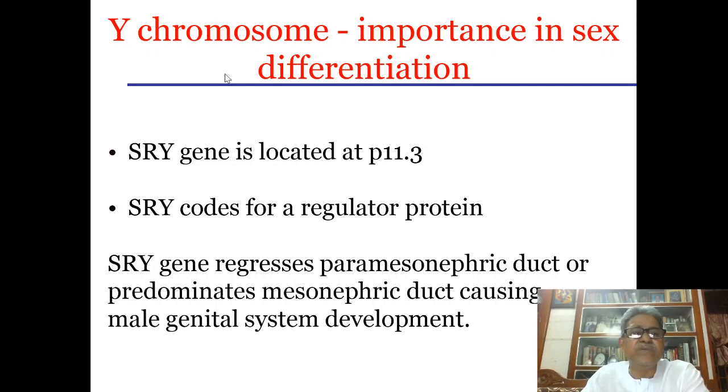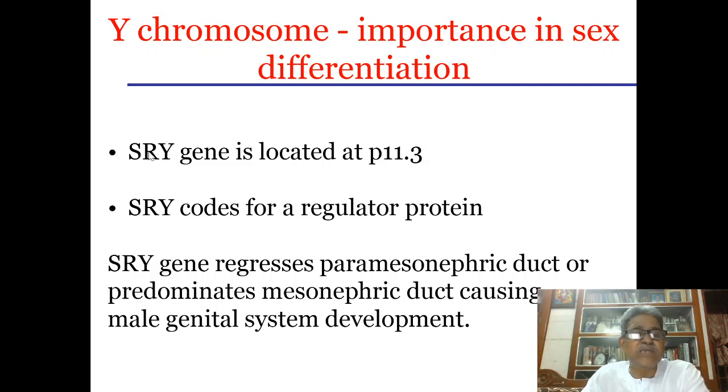In the Y chromosome there is the SRY gene, possibly you know. This particular gene is very responsible for sex differentiation. It is located in the Y chromosome at the P11.3 locus. Possibly you know the P, the petit part, the short arm of the chromosome, and its locus is 11.3.